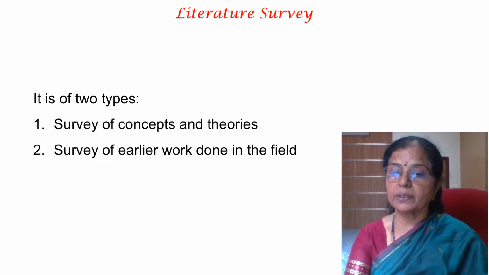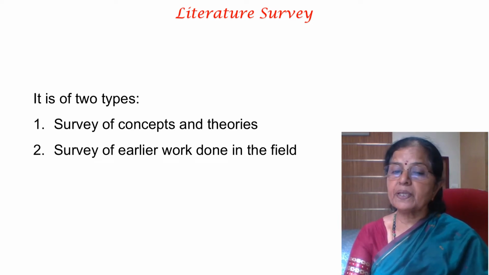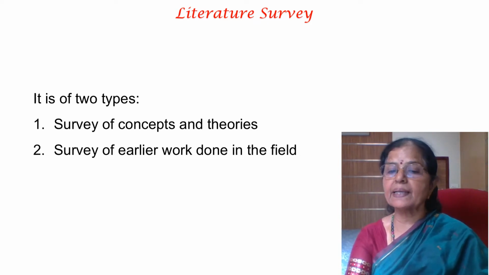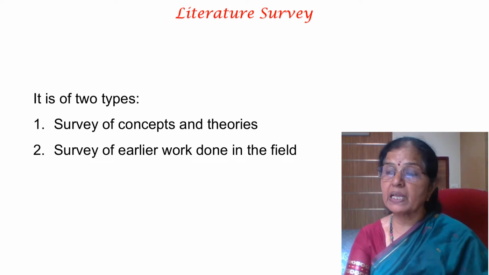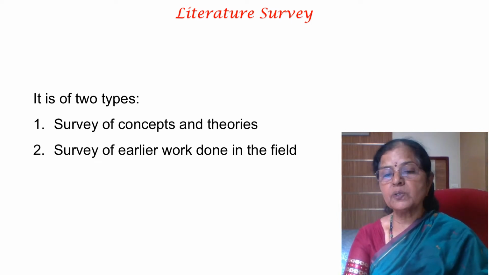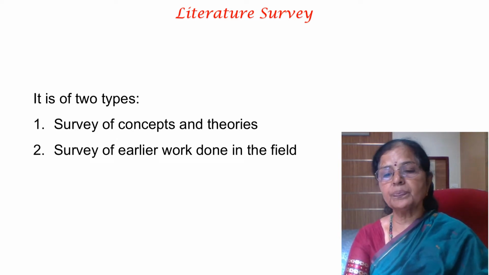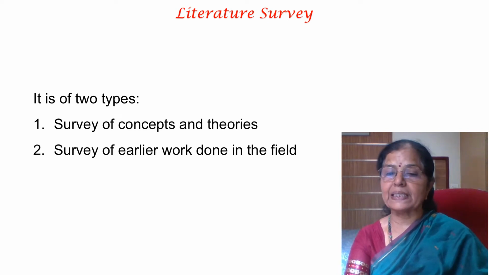Who defines what? According to these people, what is metacognition? Various people define it in various ways. So I had to get familiarized with the concept of metacognition and also the various strategies used by different persons. And so I had to go through journals on concepts and theories of metacognition.